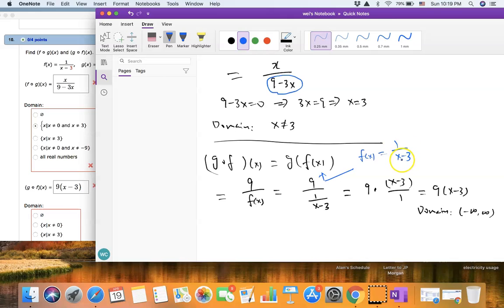So the domain will be every number except 3, because when x is 3, 3 minus 3 is 0. If we consider both, then the domain will be every number except 3.